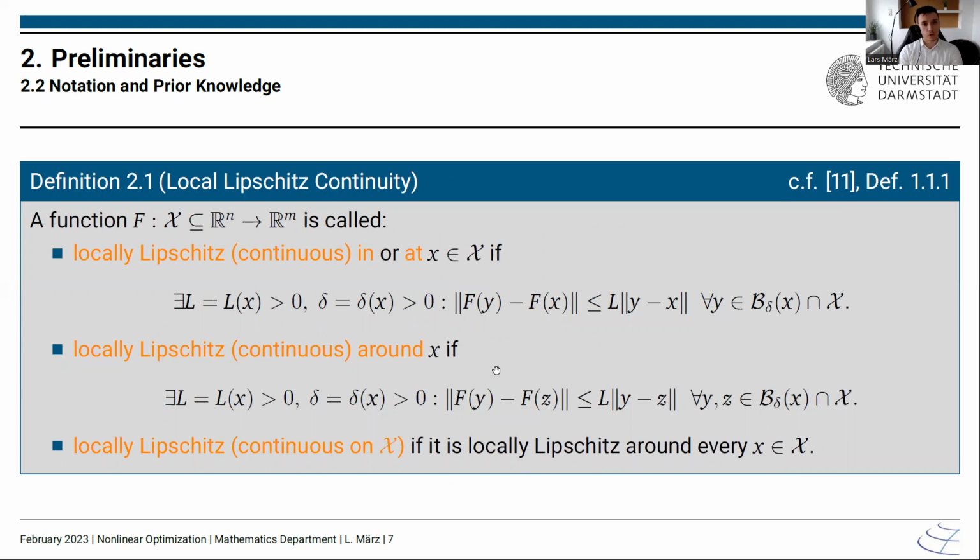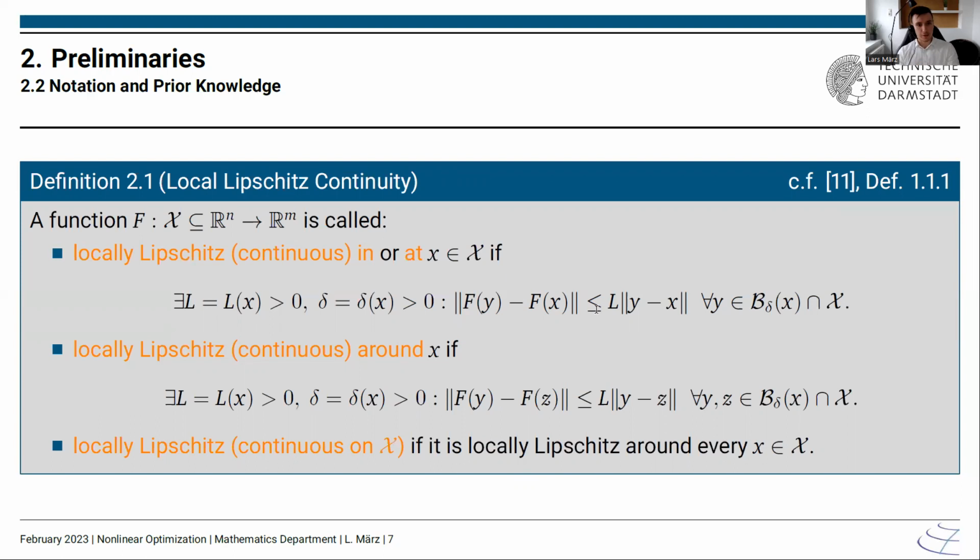Now, we need the notion of local Lipschitz continuity, and this is a little bit technical because these definitions might seem very similar, but they are not. Locally Lipschitz continuous at a point x means that you find some Lipschitz constant L and a radius delta of a neighborhood around this point x, such that the Lipschitz inequality is satisfied around this point, always including this point x.